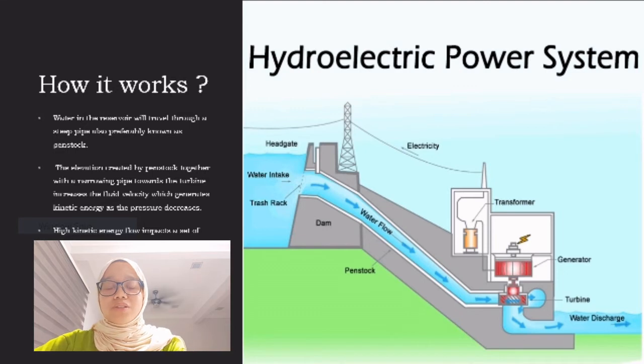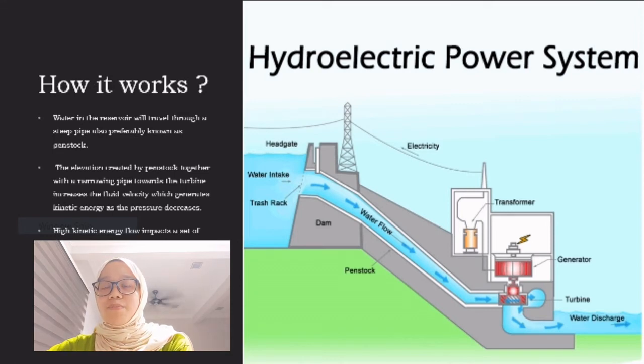To answer the question, the power is actually generated from the water in the high reservoir, which travels through a pipe known as the penstock. From the diagram in the slide, you can see that there is an elevation created by the penstock.